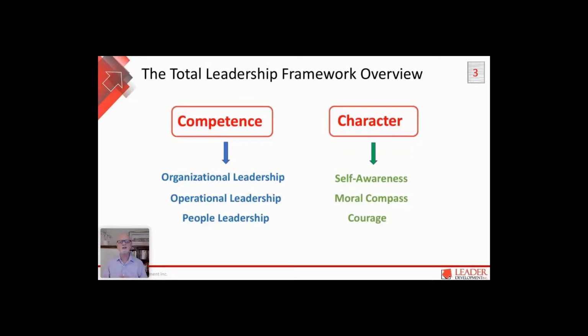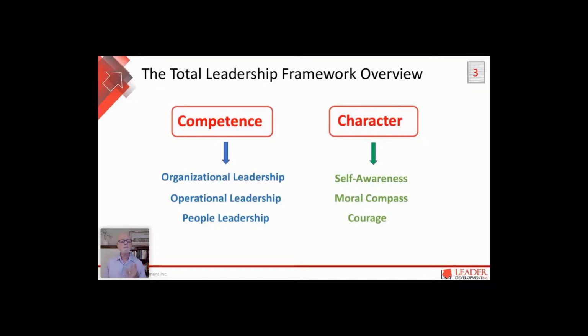That's organizational leadership, leading a ship. But that ship has to run. That captain could be a great captain, but if that ship is dead in the water because the engines aren't working, it doesn't matter how good the captain is. So you have operational leadership. That's the operations within the ship, making sure that the engines are running, making sure that the cooks are cooking in the kitchen and so on, the crew is fed and so on.